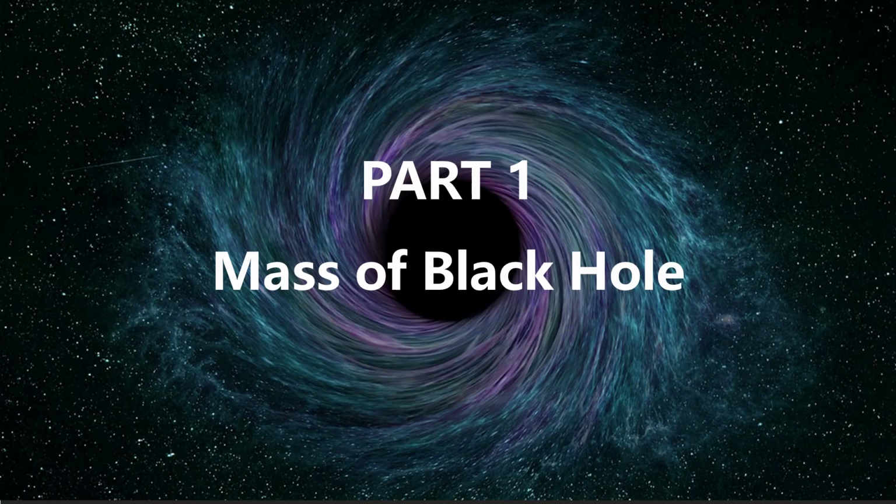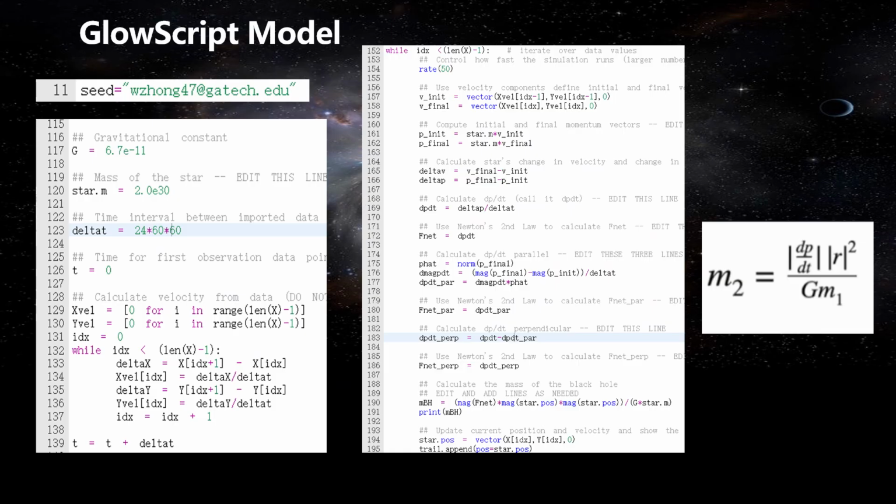Part 1, mass of the black hole. So through the GlobeScript model, that created a unique mass for me. The star's mass is 2.0 e to the 30th, and then delta t is every second of every minute of every hour in a day.